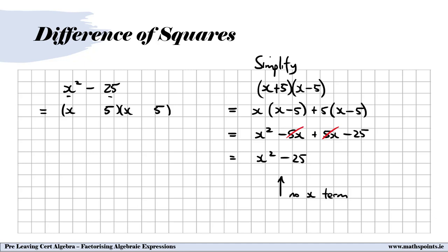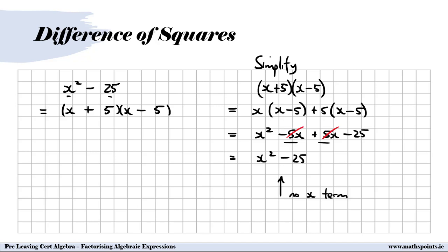5 squared is 25. So the terms in each bracket are actually identical. But the way we finish this question is that the signs are always different, a plus and a minus. And that's what enables the cancelling out through the multiplication. We had a minus 5x and a plus 5x, and so the signs in the brackets need to be different so that those terms cancel out, and leaves us with no x term.